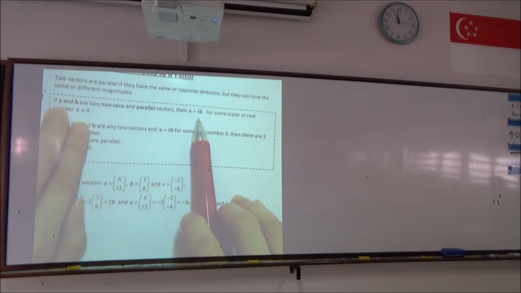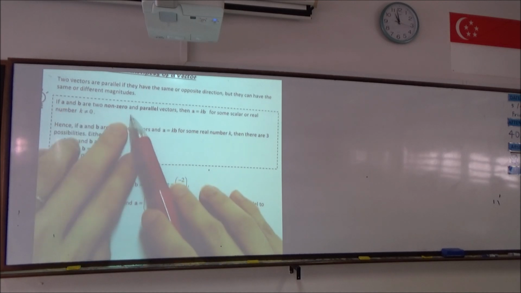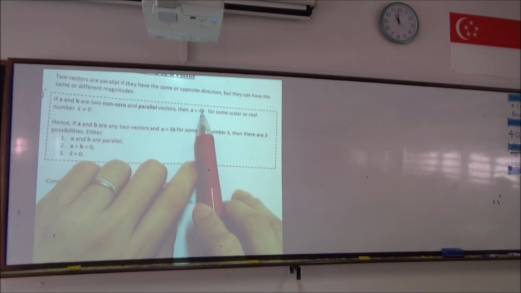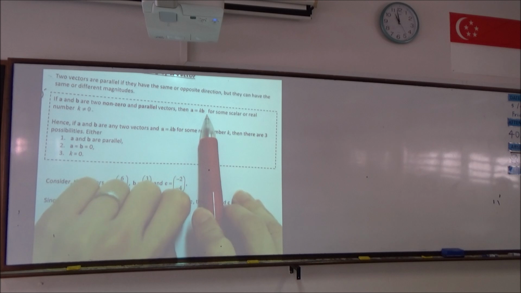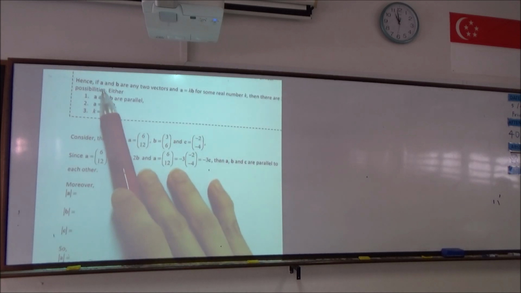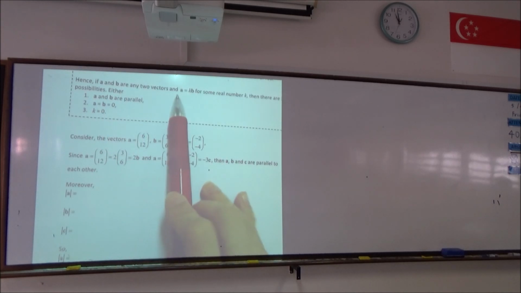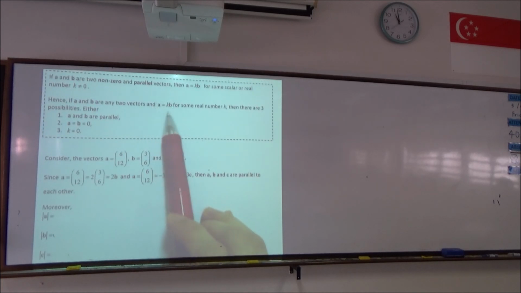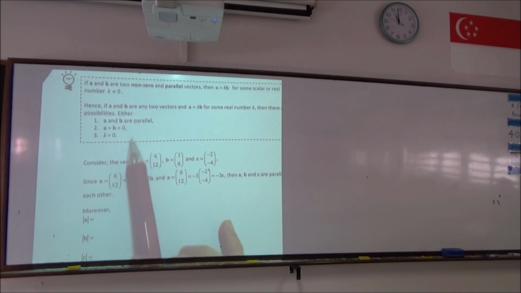Meaning if A and B are parallel, provided they are non-zero, I can express A as a scalar multiple, for example K, times the vector B. K is a scalar value, B is a vector value. So if A and B are any two vectors and A equals KB, I cannot immediately conclude that the two vectors are parallel.